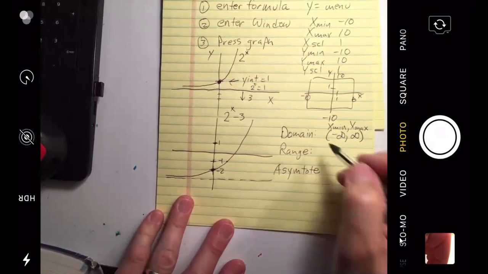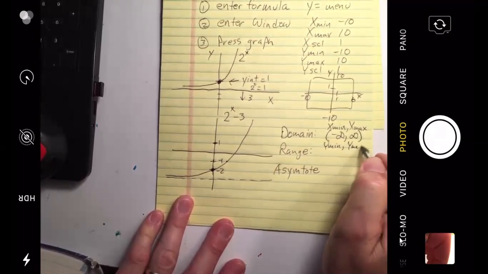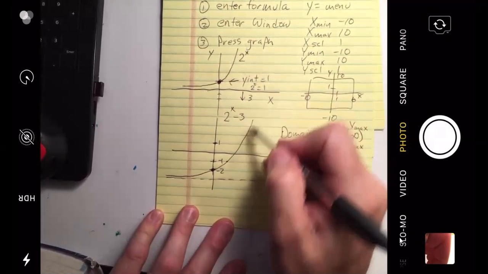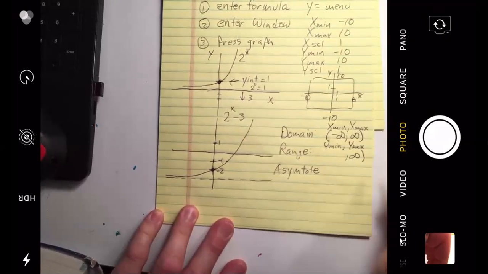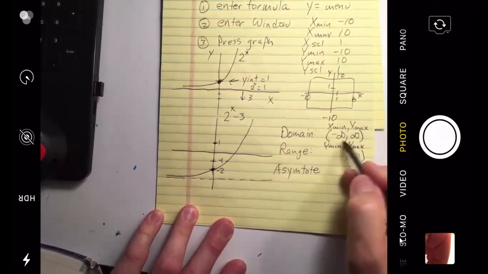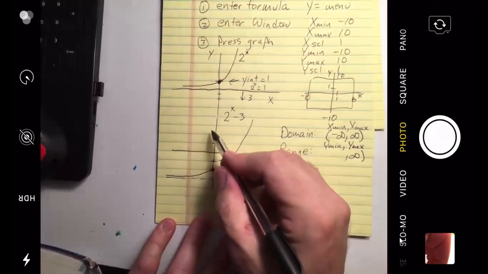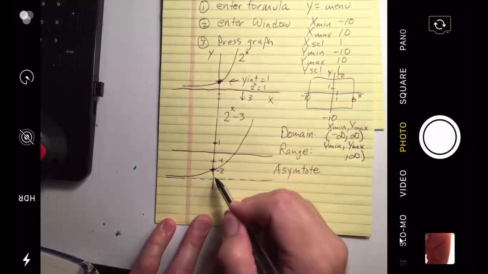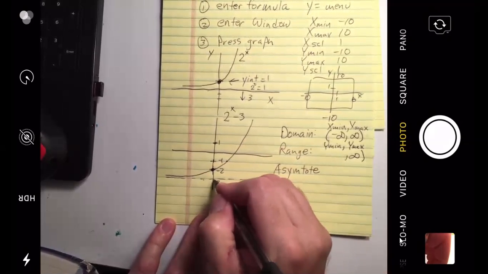Your range is y min, y max. Well, there's no y max. This is going up forever, going to infinity. I'm using interval notation here from college algebra. I hope you remember your interval notation. But there is a boundary or a stop on the y this way. It is not hitting -3, but it doesn't go below -3.